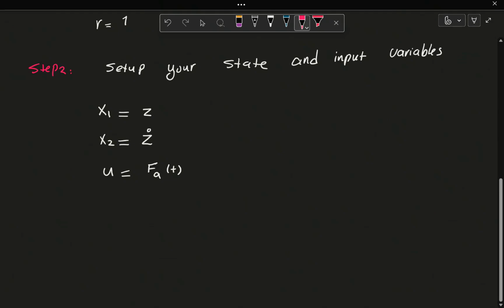As easy as this. I'm going to go to step 3, which is writing down the n equal to 2 first order differential equations.